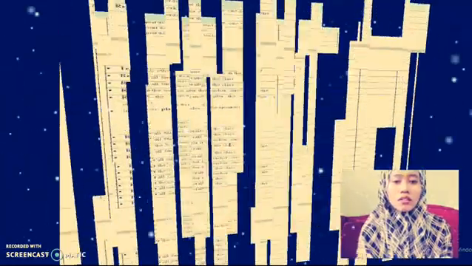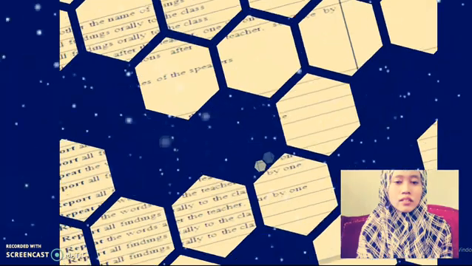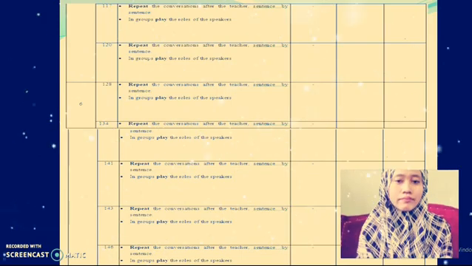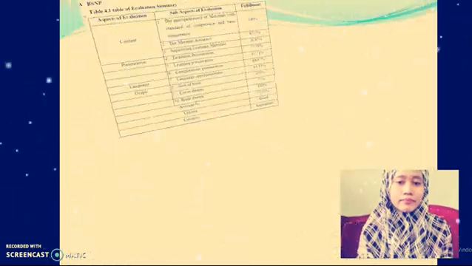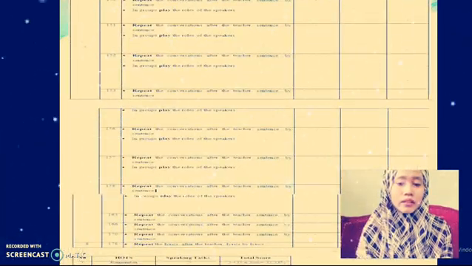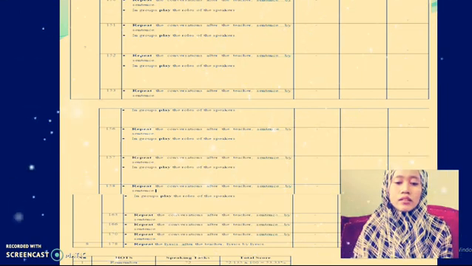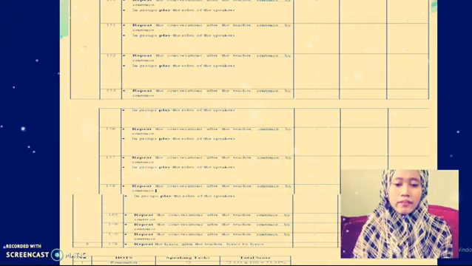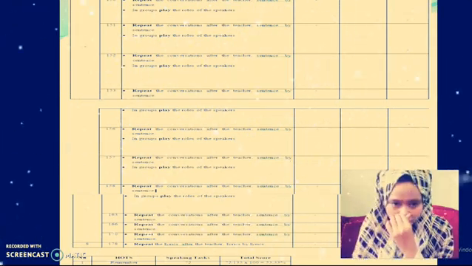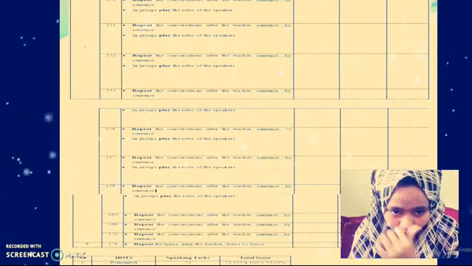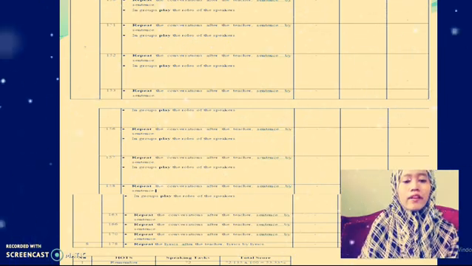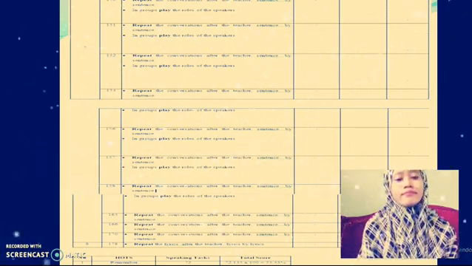Overall, the LOTS analysis resulted in remembering there are 72, and for understanding there are 25, and for applying there are 25 also.